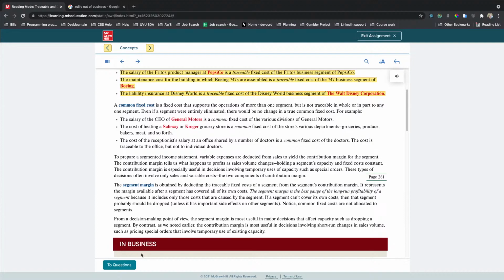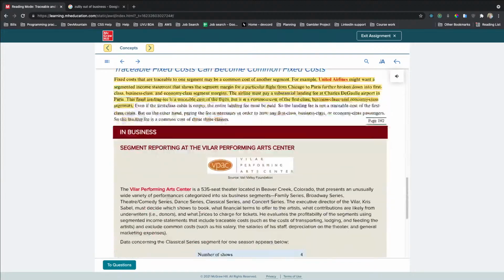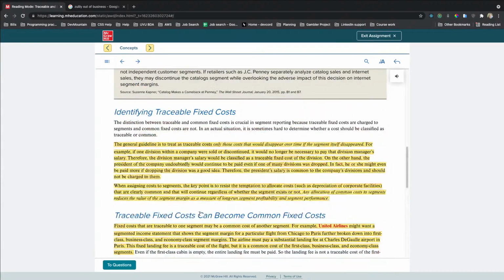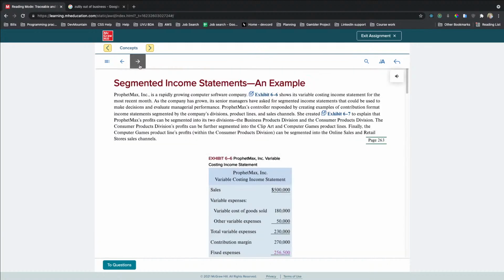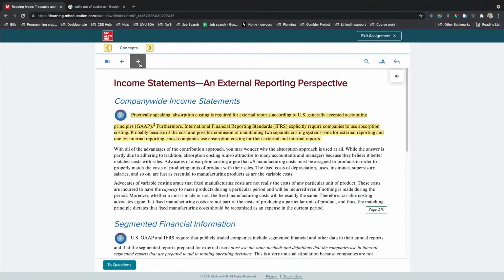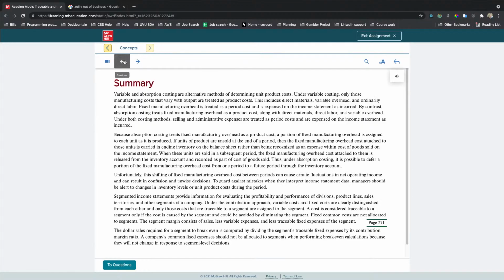See if we can finish this. How many pages we got? That's not bad.